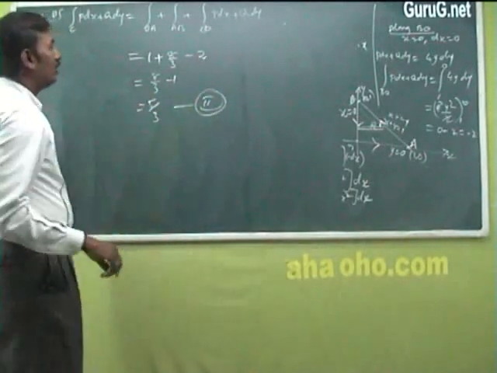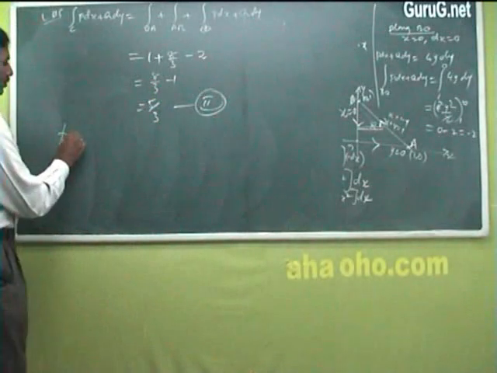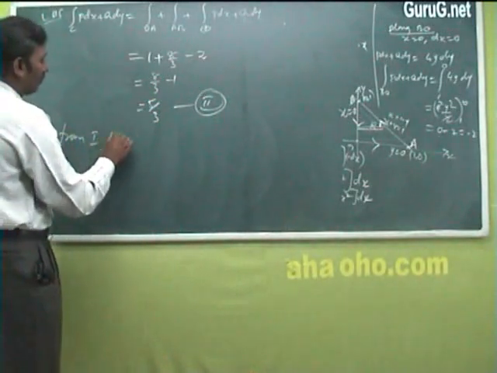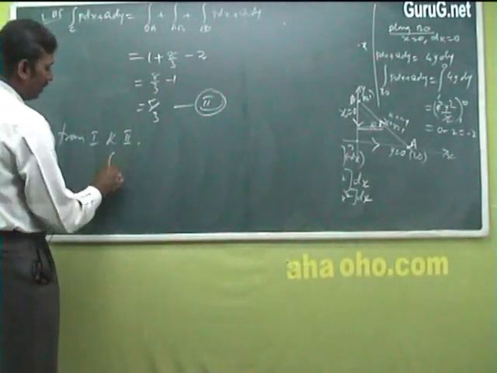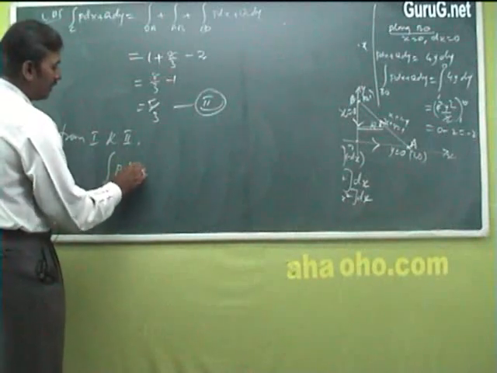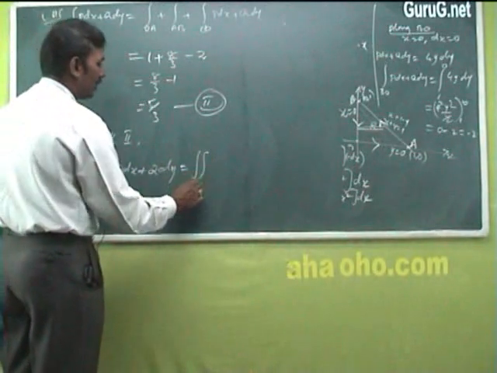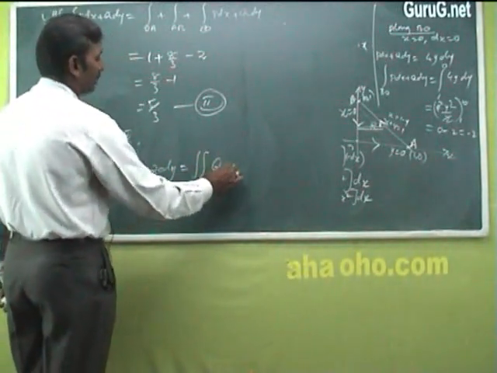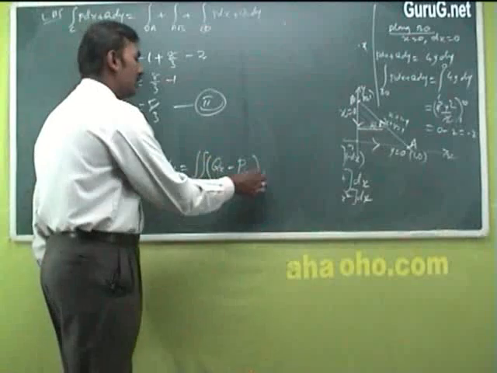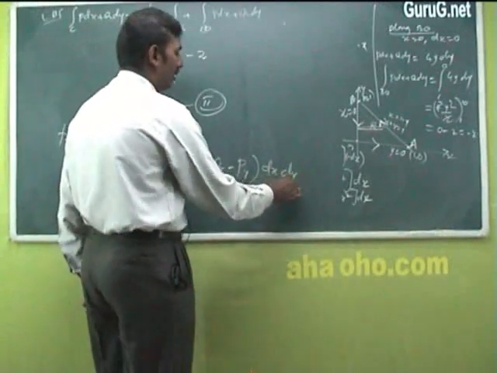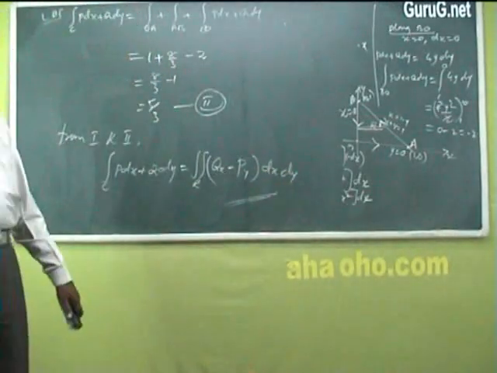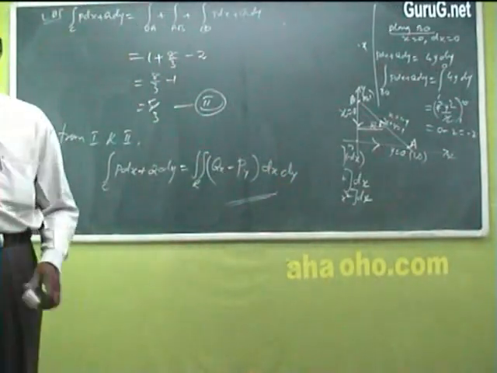So from 1 and 2, we have integral over C P dx plus Q dy equal to double integral over R of Q x minus P y dx dy. So the Green's theorem is verified.